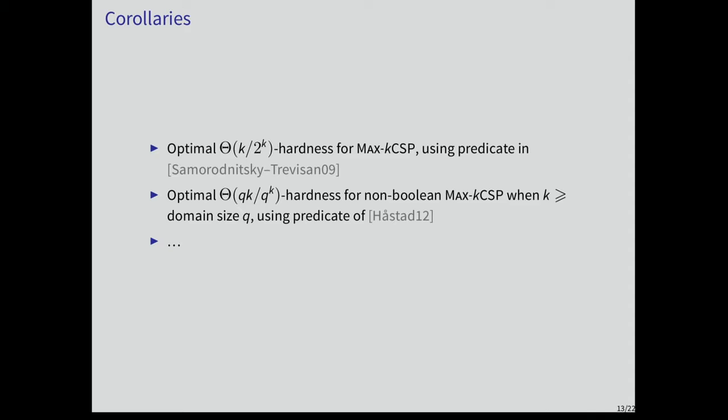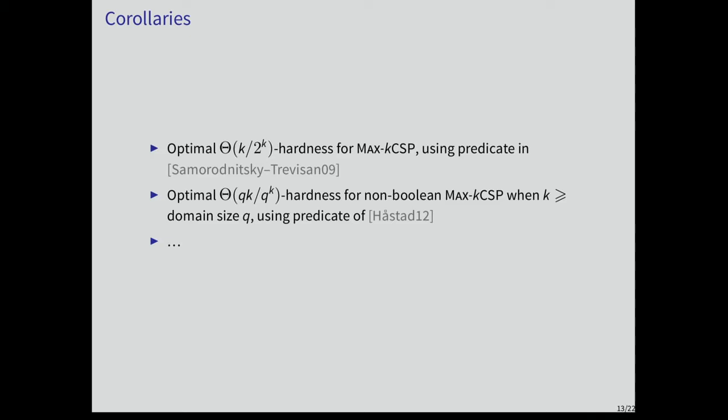If you plug in a predicate given by Samorodnitsky and Trevisan, they came up with this predicate, which is essentially a hardness code, and this hardness code has size almost 2 to the K, and you plug it into our theorem, it shows that you cannot approximate better than K over 2 to the K, and this matches the best algorithm we know up to constant factor.